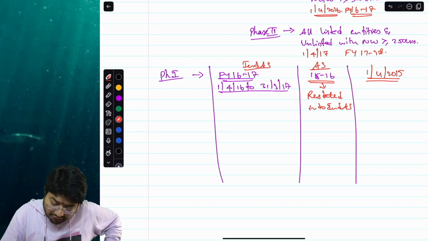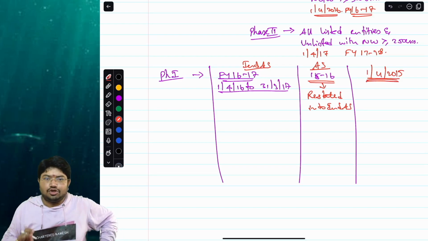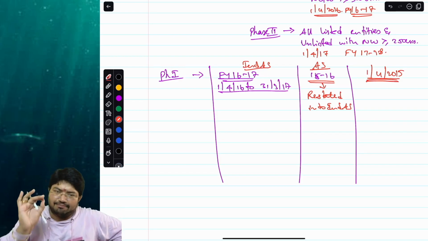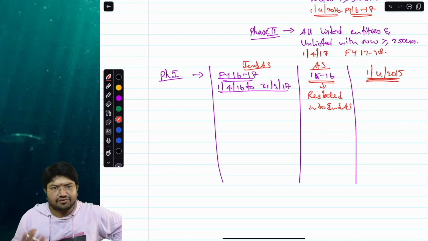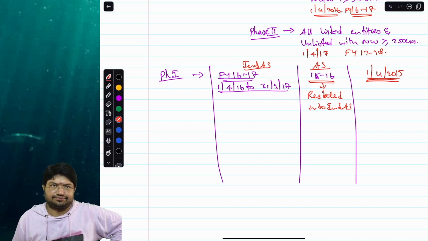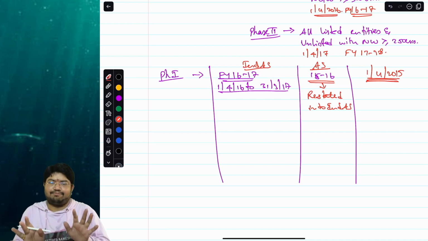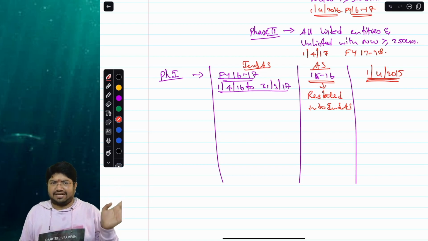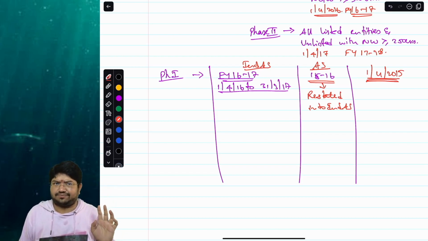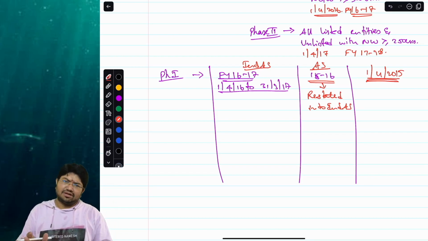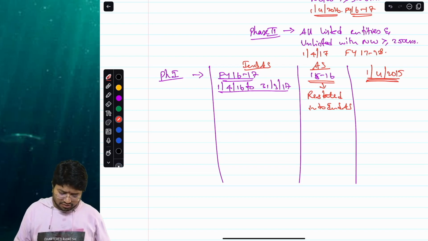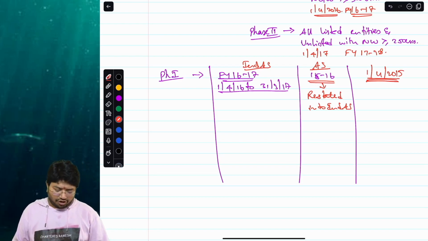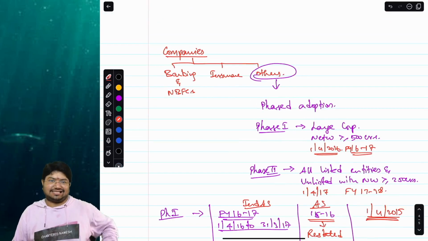Okay, so 1/4/2015 also you will have to give the numbers which are there in your financial statements under Ind AS. Okay, so these are the three important aspects. Anyways, this part we will see again when we go to that particular standard, that is first time adoption of Ind AS. But since it is roadmap, I have just taken you through this here. Okay, so this is what we are supposed to go with respect to implementation for other entities.